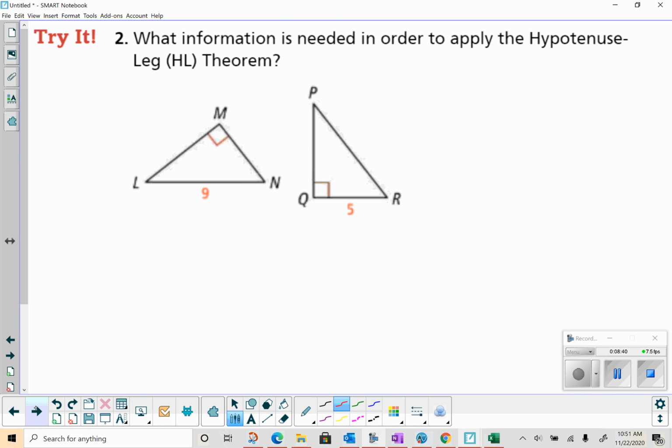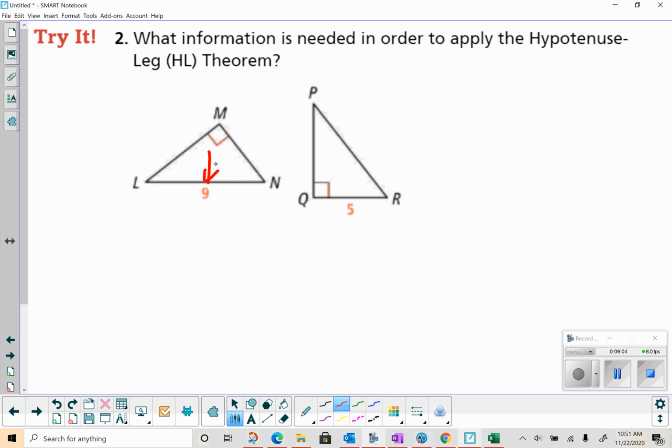All right, let's take a look at this example. They ask what information is needed in order to apply the hypotenuse leg theorem. Well, if we look at triangle LMN, we have segment LN marked as a length of 9. That's the hypotenuse because it's opposite from the right angle.